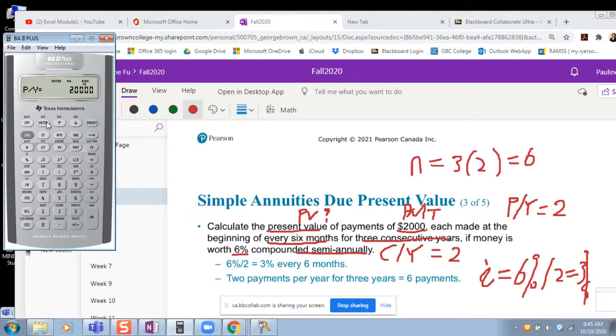Enter. Down arrow key, C/Y equal to 2. Type in 2, enter. And then second quit.